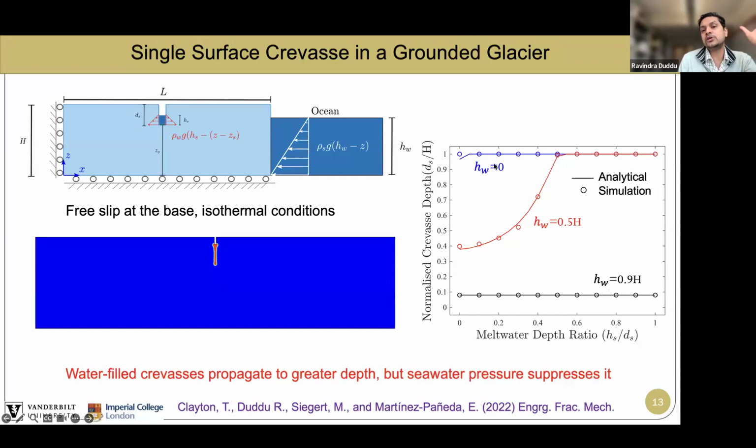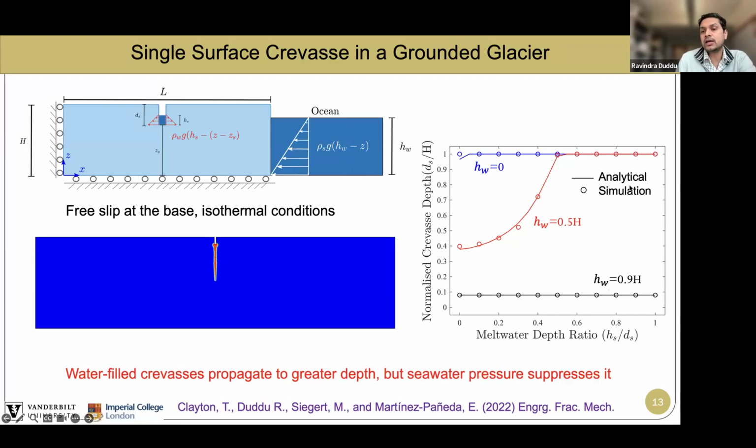So then we considered three ocean water heights. HW equal to 0, HW equal to half the height of the ice, and then HW equal to 0.9 of the ice thickness, which corresponds to near flotation, correct? In all of those cases, for each of these dots, the circles that you see in red, blue, and green, we ran one phase field simulation.